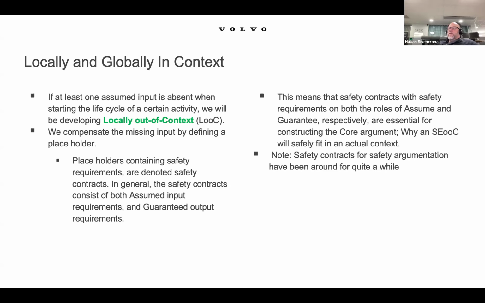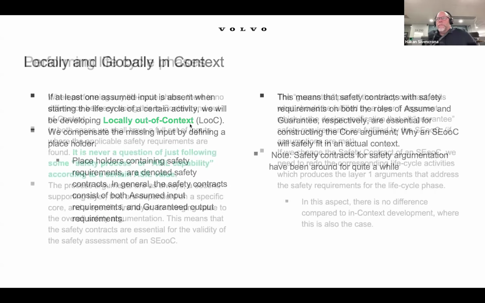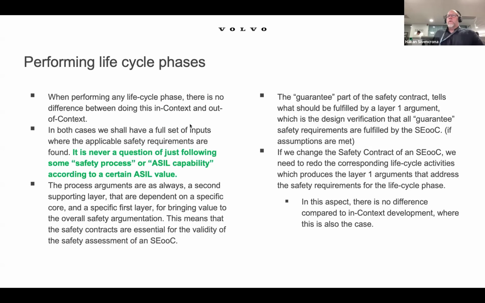Of course, safety contracts have been around for quite some time. What we would like to state here is that there is really no difference between doing in context and out of context development. In both cases, we shall have a full set of inputs where the applicable safety requirements are found. It is never a question of just following some safety process or ASIL capability, because I've seen that quite a lot.